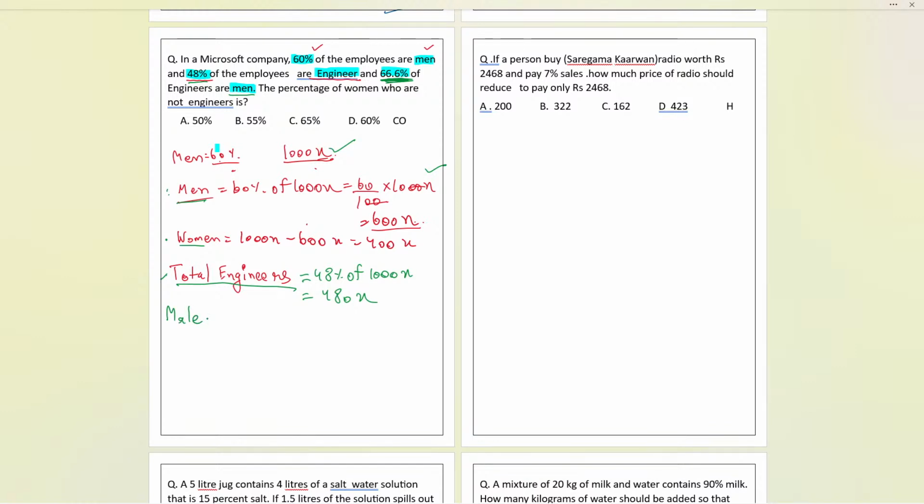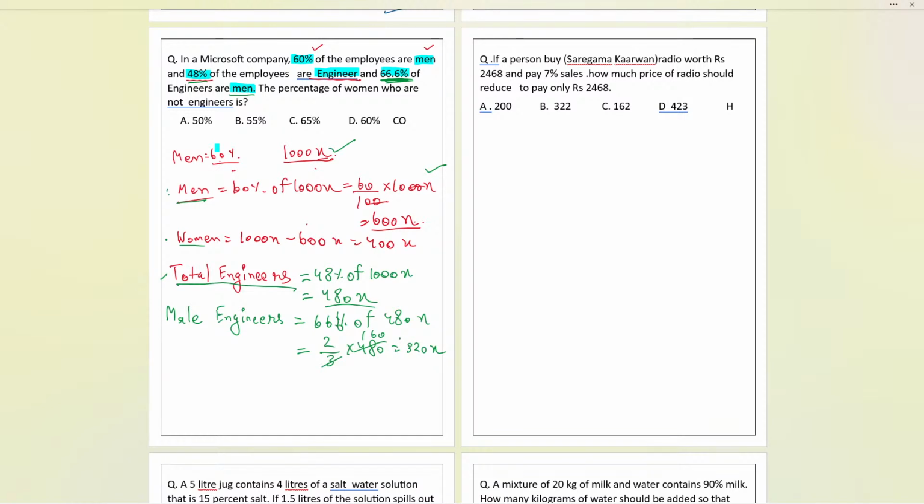Okay, so let us write male engineers over here. That will be 66.6% of 480x. And let me tell you, for those who don't know, 66.6% in fraction will be 2 by 3 times 480. If you calculate, you will get 3 times 1, yeah, it will be 6. So it will be 320x.